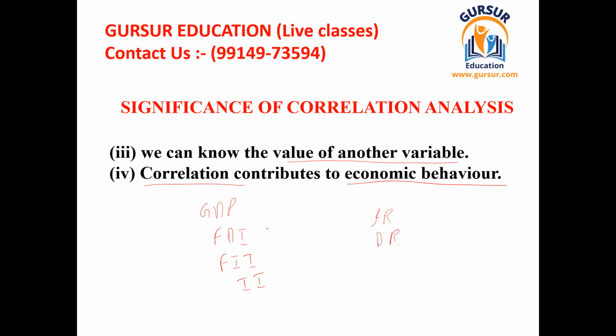These are all variables, and studies are being conducted for finding their correlations with each other. After finding the correlation, you can get better prediction about their future occurrence. So it is said that correlation contributes to economic behavior as well, because this is a very relevant point to study.